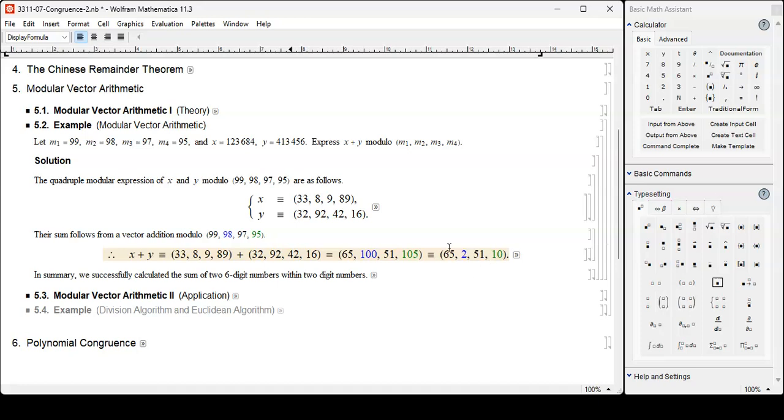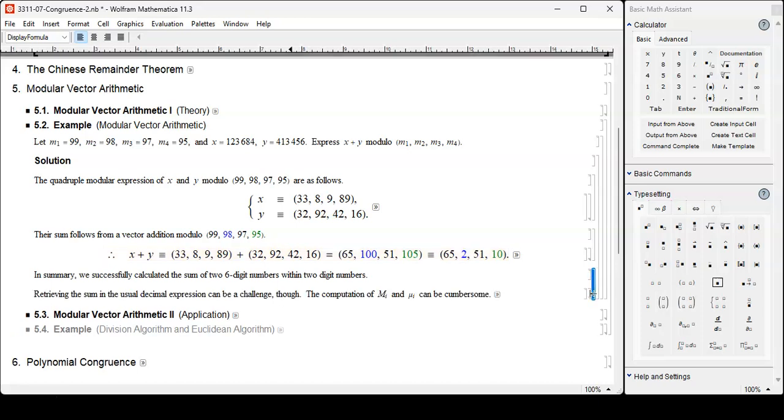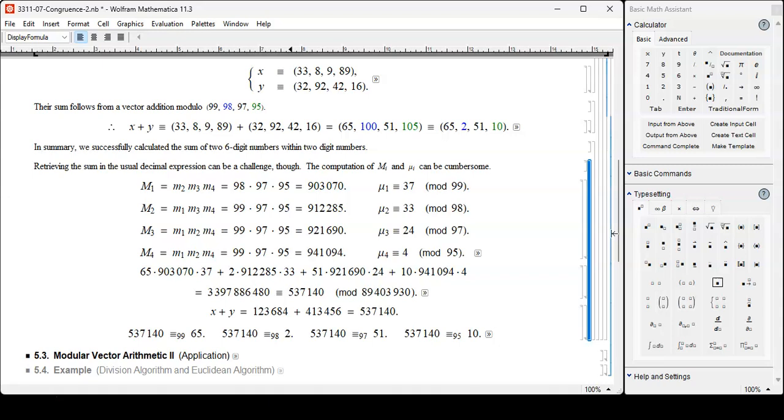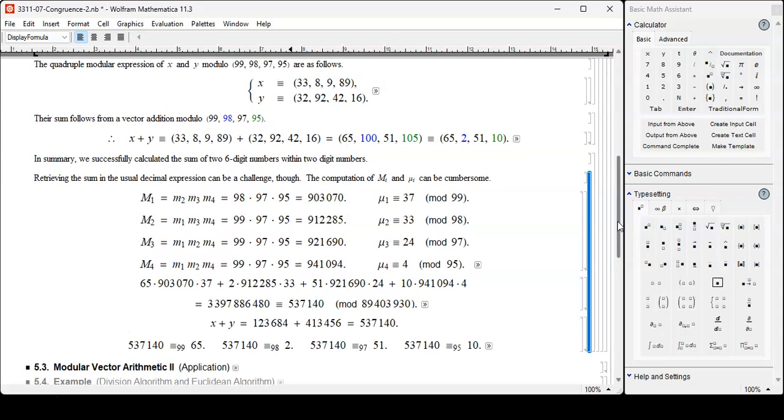And now, from here, let's retrieve our x plus y values. Does it fit with the previous computation? That can be a bit cumbersome, but we can do that. Let's see, capital M1, capital M2, capital M3, and capital M4 are like these. Cumbersome computation, but for a machine, it's no big deal. Just multiply all those moduli except for the first, except for the second, except for the third, and so on.